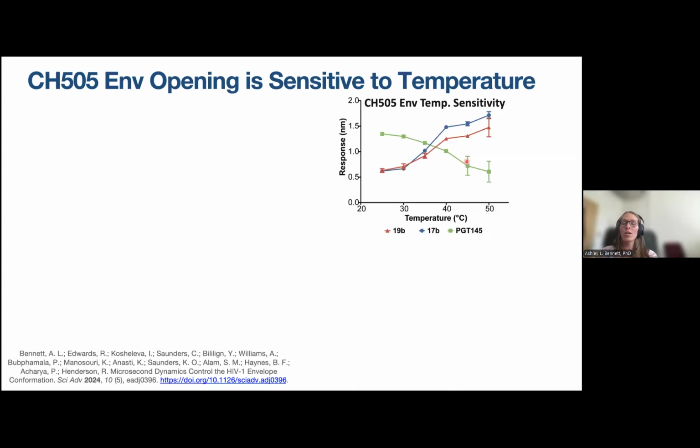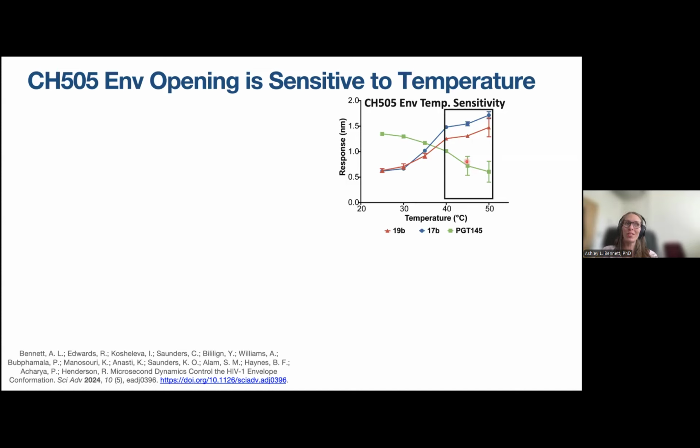And so we measured the binding for 19B, 17B, and PGT145 over temperatures between 20 and 50 degrees Celsius, as you can see here, and measured the BLI binding that's shown on the y-axis. And what we found is that the Env opening is indeed temperature sensitive, and it's most temperature sensitive here between 40 and 50 degrees Celsius.